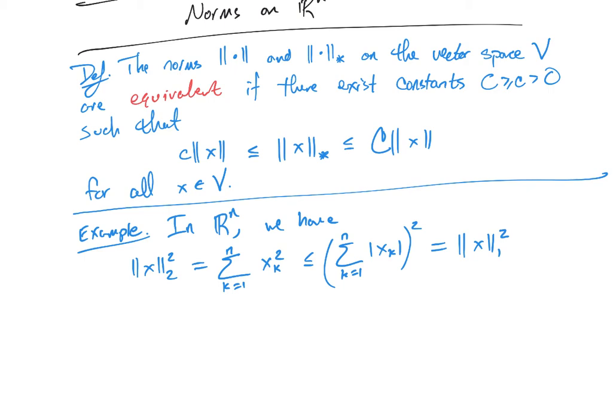So if we put the 1 norm in here, then we'd have the 2 norm over there with a little c equal to 1. What are we going to do for the other side?